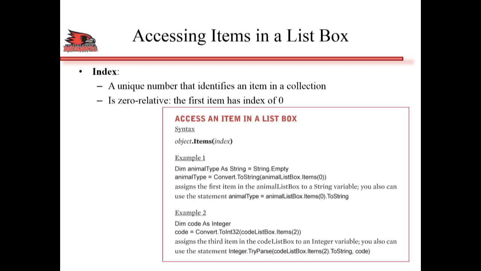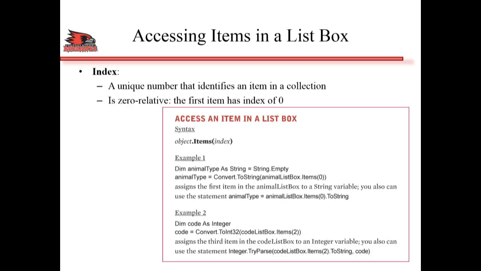As an example, we have the string animal type, in which we want to input the first item in the animal list box. We first initialize the animal type string, and then use convert dot to string animal list box dot items in parentheses 0.